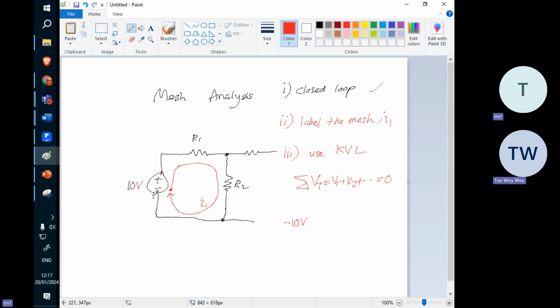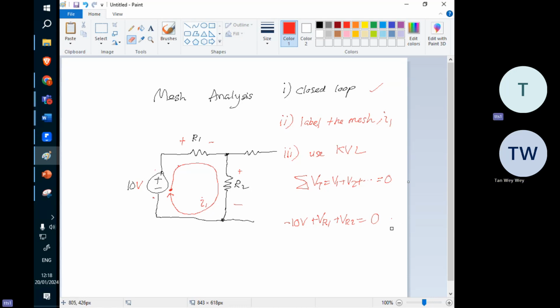We start from the left hand side, negative 10, and then we put a positive here, as an assumption. This can be assumed first. So plus the voltage across R1 plus the voltage across R2 is equal to 0. This is a KVL for this circuit.